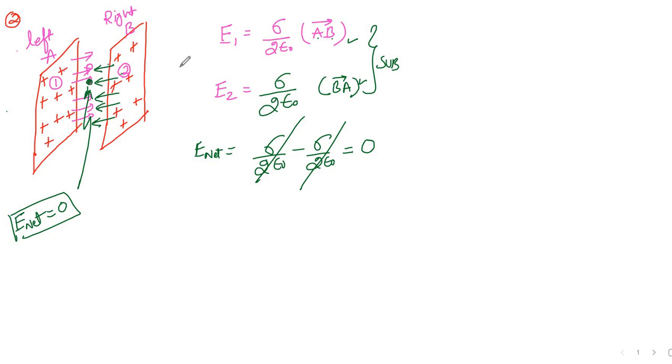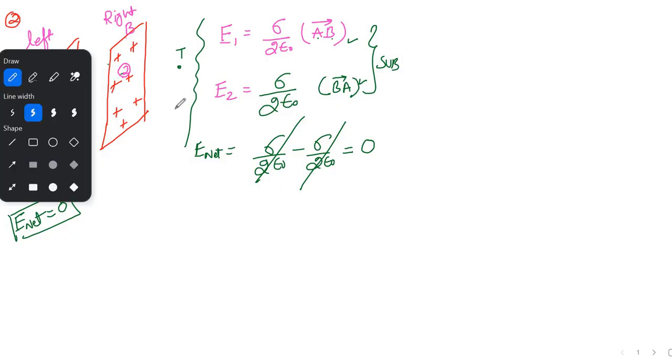Perfect. Now we will take some point T here. Suppose there is a point here. So what will be the field at this point? Okay. So let's do it. Let me draw the field lines. How will they look if we are looking at this point?